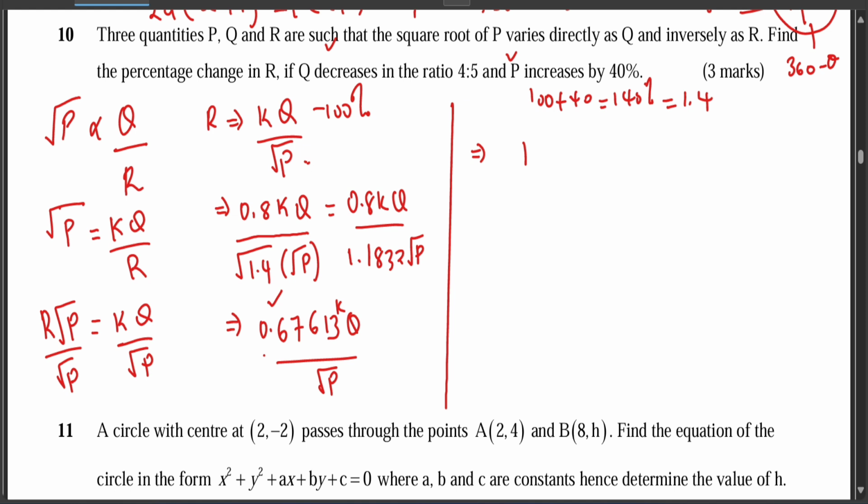If you want to know whether it decreased or increased, you take 1 minus the new one, which is 0.67613. Divide by the original one, then multiply by 100.